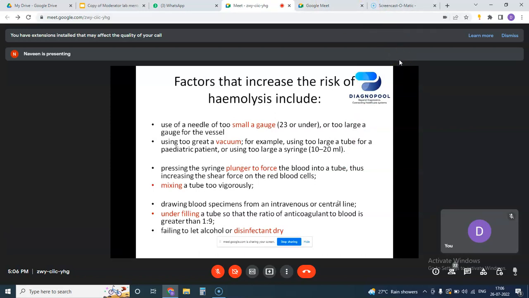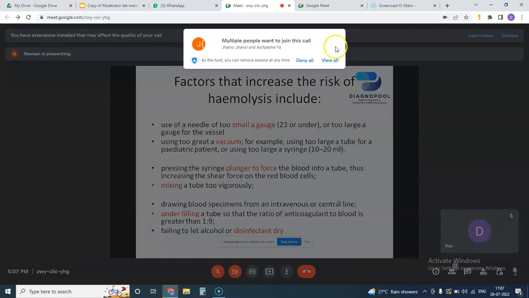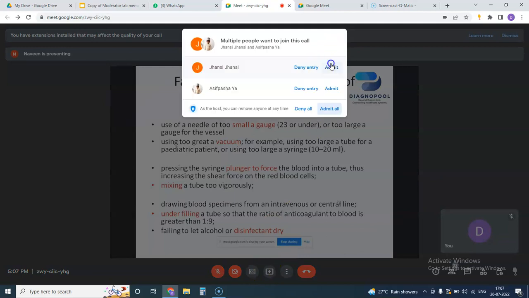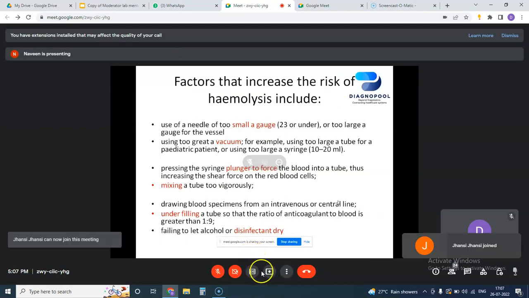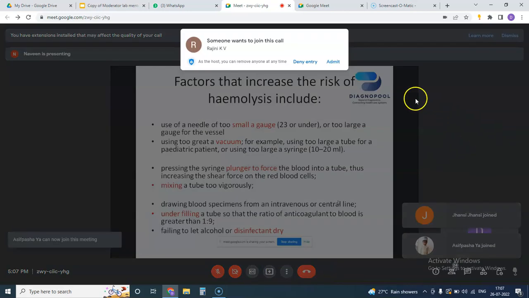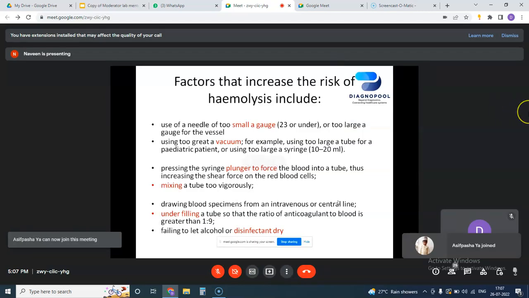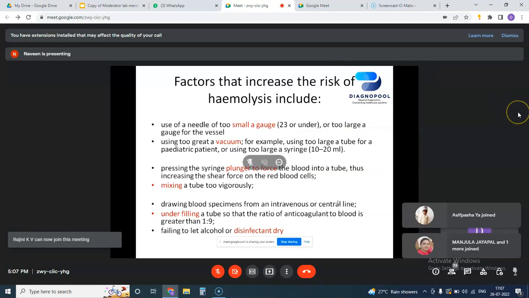Similarly, when we use more force while mixing the sample, that can lead to hemolysis. And more pressure when we force the plunger can also lead to hemolysis. The other two factors, related to chemical exposures, are, one, when we don't wait till the alcohol dries before introducing the needle, which can cause hemolysis.